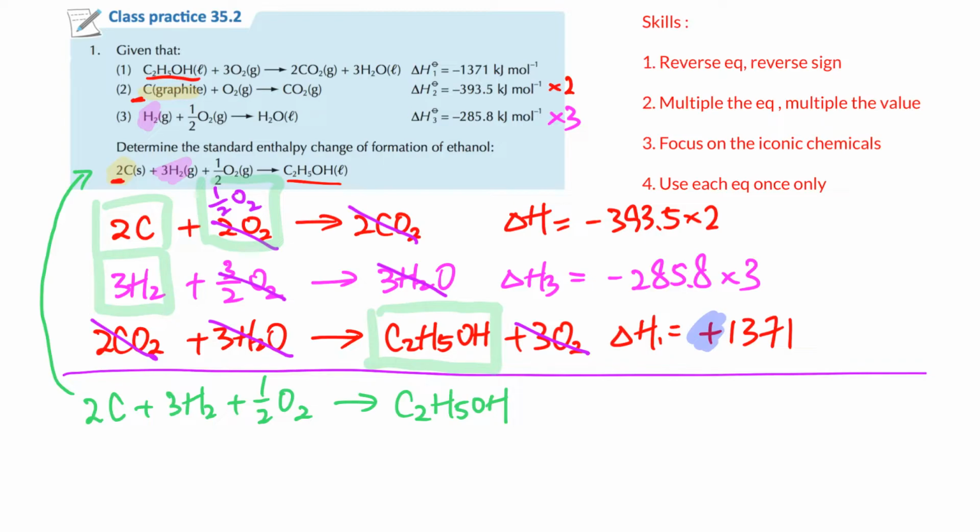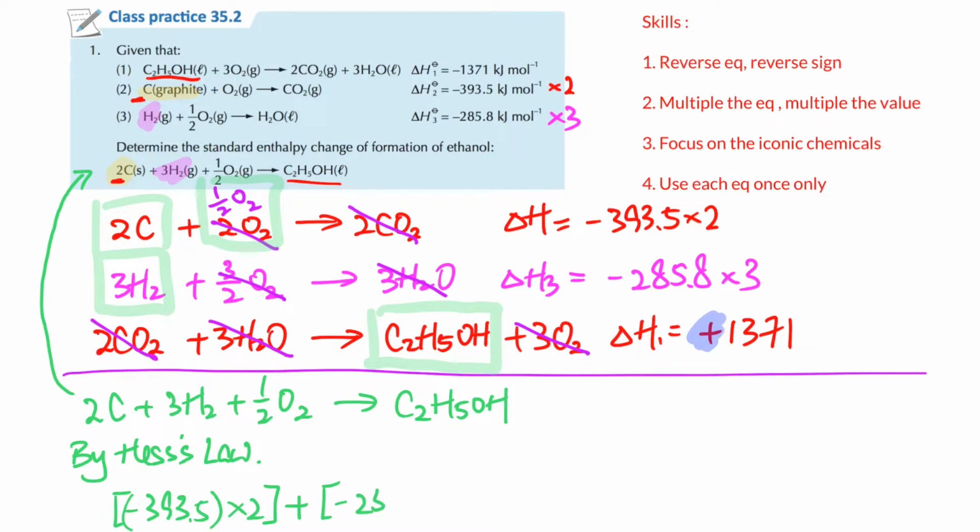So like what we've done before, we'll just say by Hess's law, we'll have negative 393.5 times 2 plus negative 285.8 times 3, and then plus 1371.